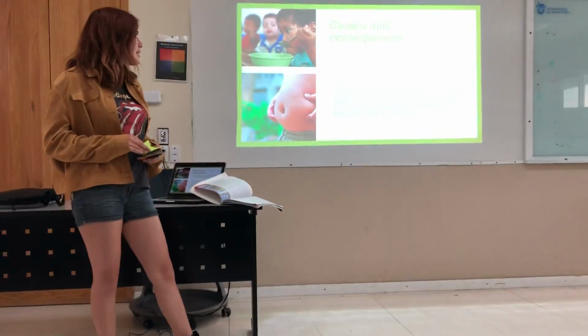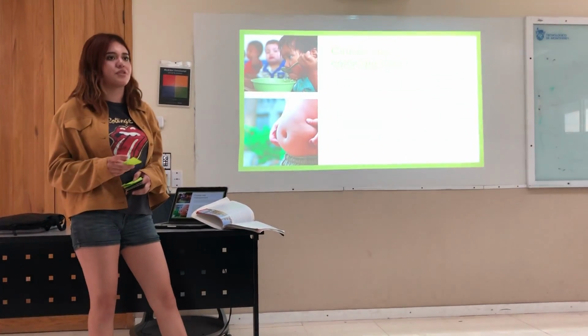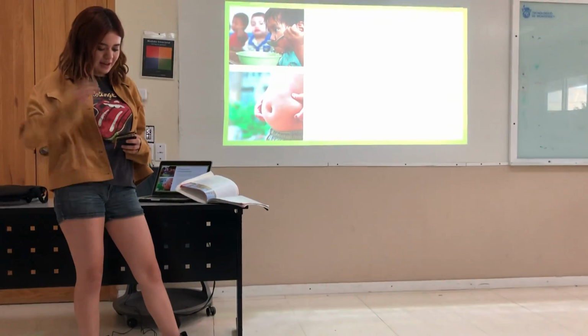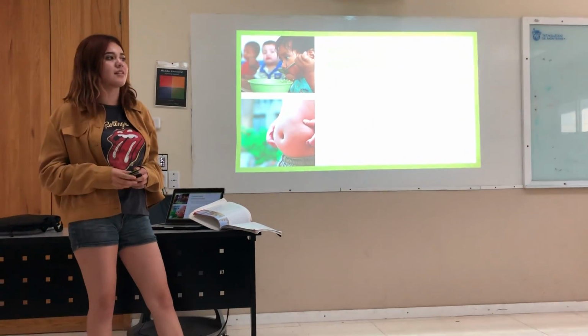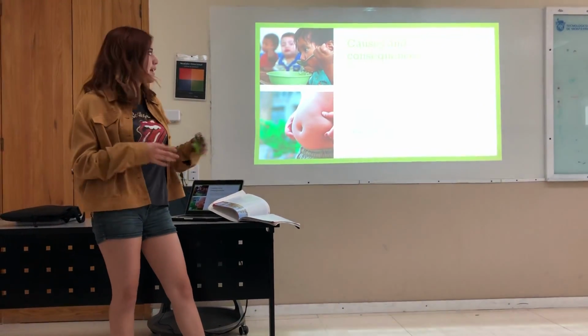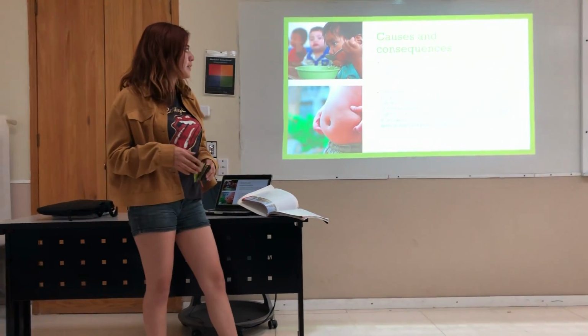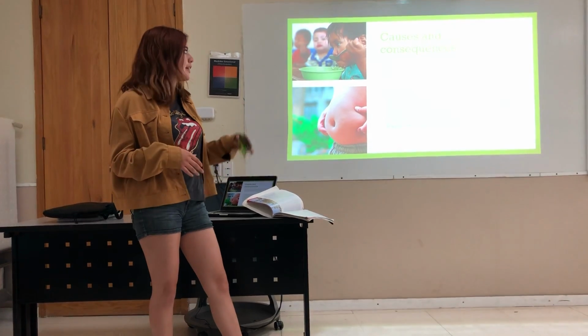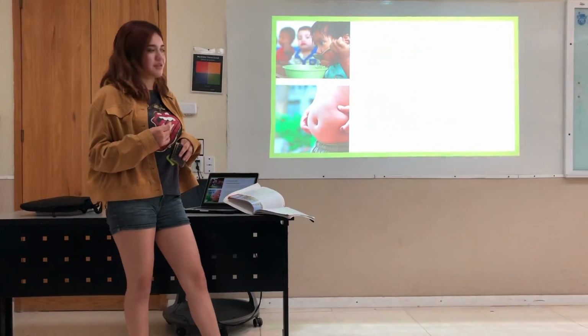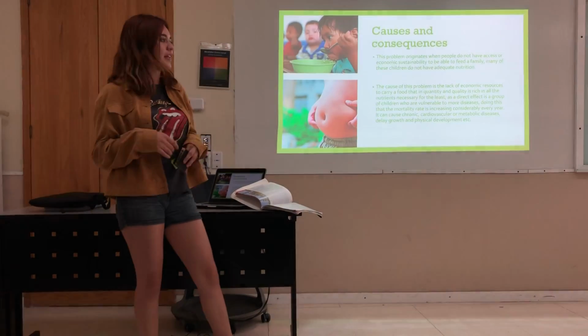And actually Mexico is the first country in the world with a problem in child obesity, and second place in adult obesity, which is also related to this problem that is caused by the lack of economic resources to obtain the food they need.